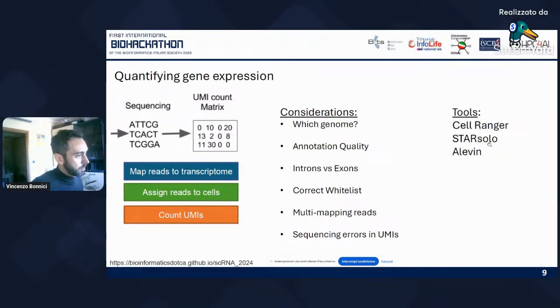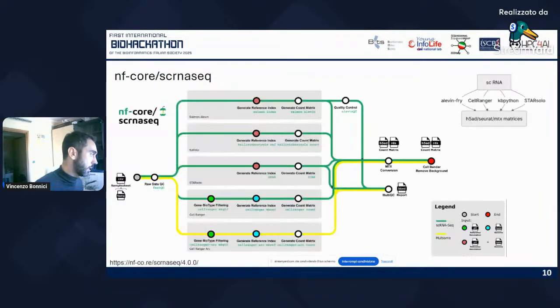One is STARsolo. STAR was for bulk RNA and DNA. Now there is Solo for single cell RNA. It's a new tool specific for single cell. And Cell Ranger, that is actually a suite of tools which also contains an aligner for single cell RNA-seq.